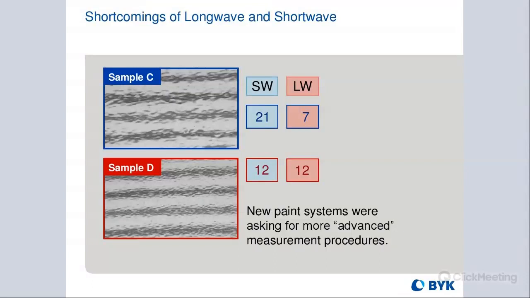If I just had to say which one is wavier, I would say sample C is wavier than sample D. However, we are seeing that sample C has significantly lower long wave than sample D, and that's really what orange peel is pretty well correlated to in general. But we can see that this is an issue because these two numbers are not telling us enough about the surface to really be able to differentiate them, as we can see from this example.